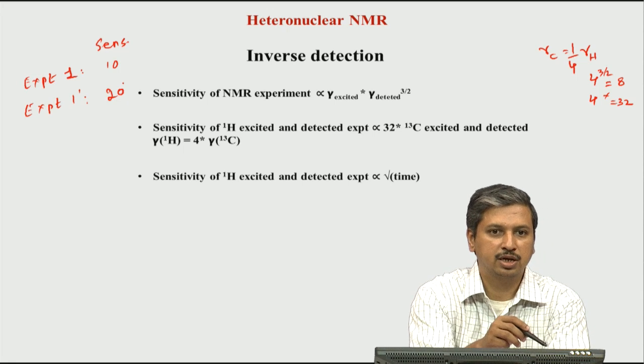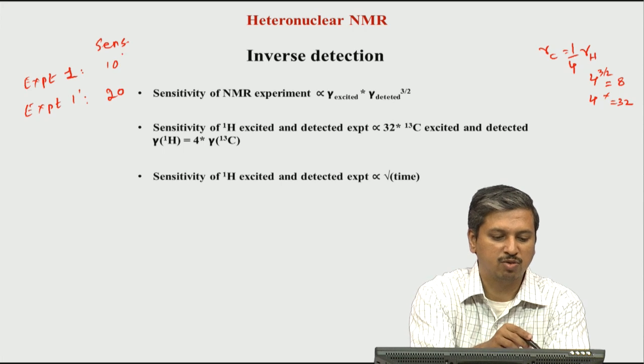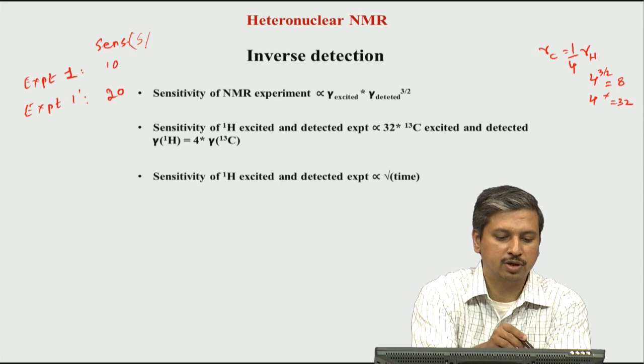So, what is this written here? What we are trying to see here is that I have an experiment number 1 which has, let us say, a sensitivity of 10. Remember, sensitivity is basically signal to noise. Okay.